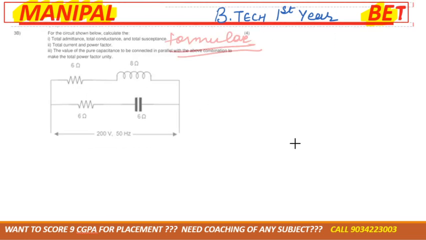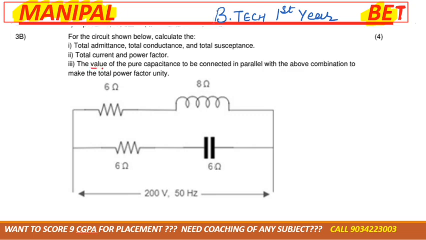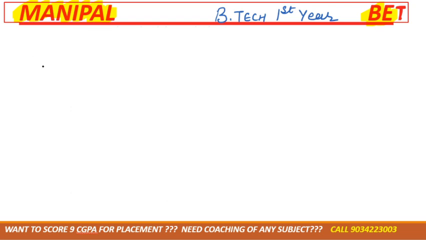Now, the third part of this question is about power factor: the value of pure capacitance to be connected in parallel. With this, they have connected pure capacitance with the above combination to make the total power factor unity. Remember, I told you that power factor improvement questions require making a power triangle, right?